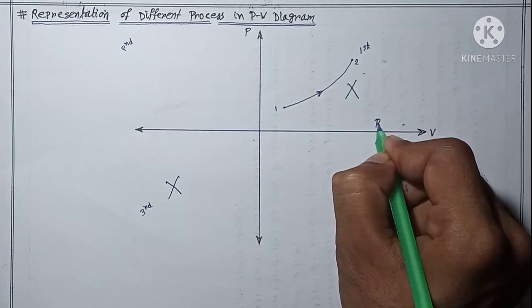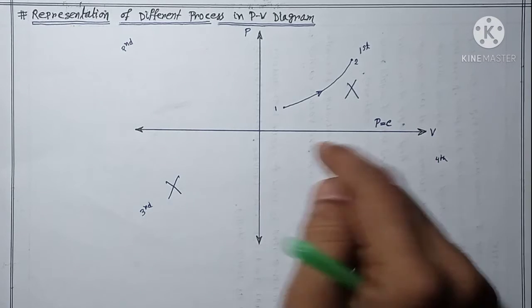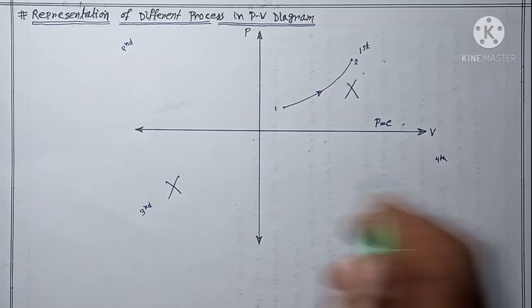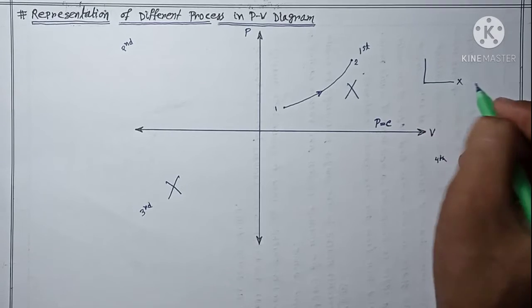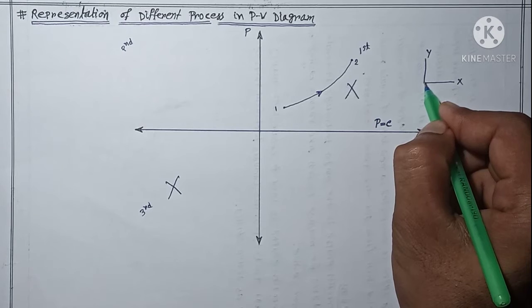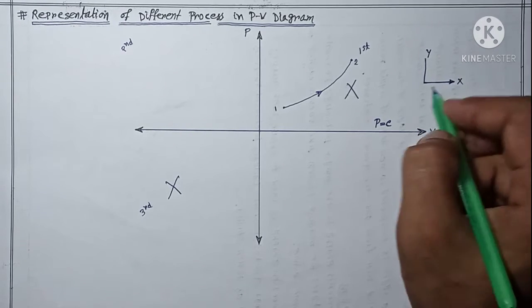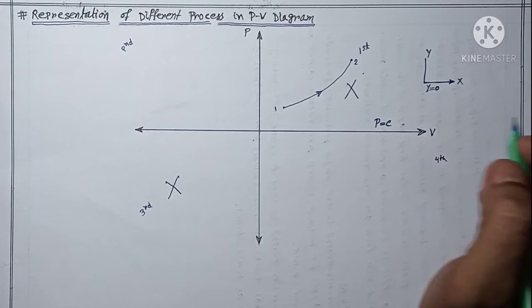This axis which represents the volume will also represent the constant pressure line. Am I right or wrong? Simply, if you draw an x and y axis, then what is the value of y on the axis which represents x? Y is nothing but 0. Am I right or wrong?